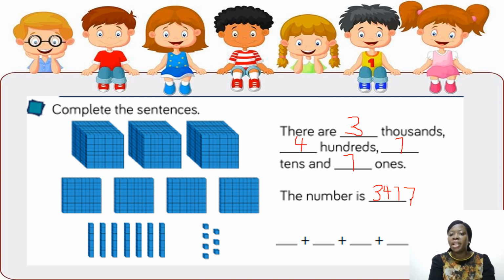So how do we write these numbers out in our thousands, hundreds, tens and ones? So we have 3,000, 400, 7 tens is the same as 70. So I'm going to write 70 here, and then 7 ones. This is how it is written out.